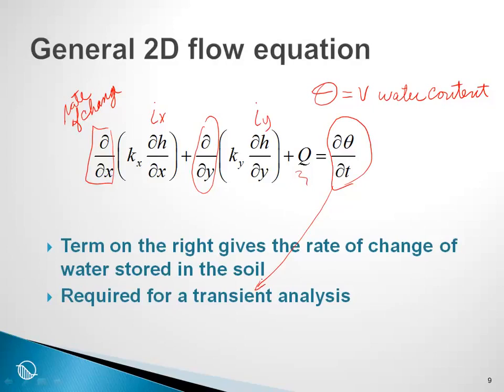So to summarize then, the rate of change with distance of the gradient in the x direction plus the rate of change of the gradient in the y direction plus some sink or source term or a boundary condition is equal to the rate of change of the volumetric water content with time within the soil.